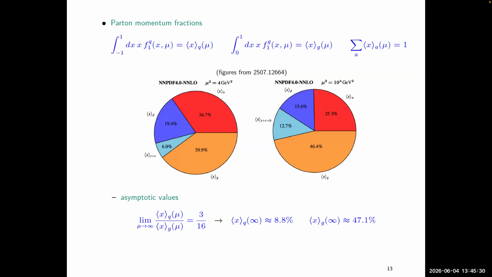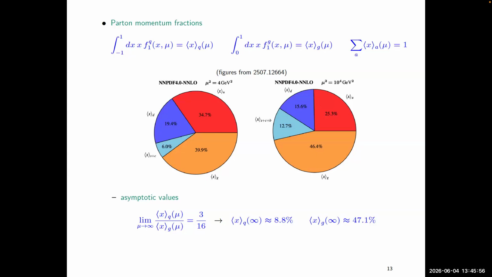It's actually interesting to compare those numbers at the scale of 10,000 GeV squared with numbers that one can derive rigorously, which are the asymptotic momentum fractions. It's an exact result, which says that if the scale goes to infinity, about 47% of the momentum should be carried by the gluon. If you look at this, we're already very close to that for the gluon.